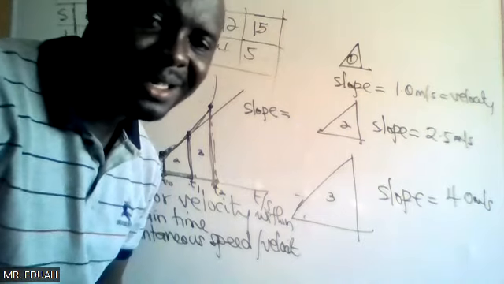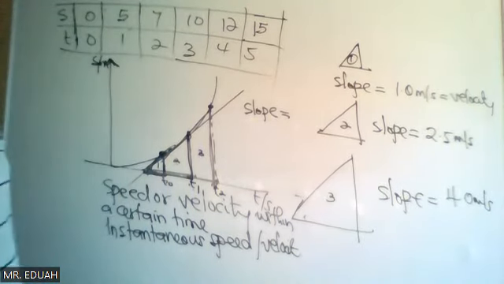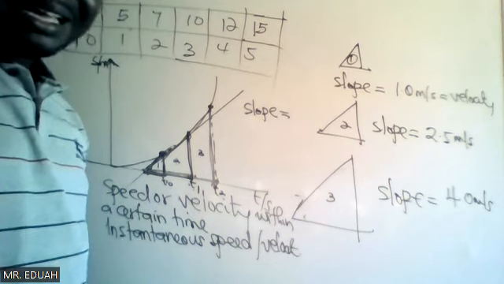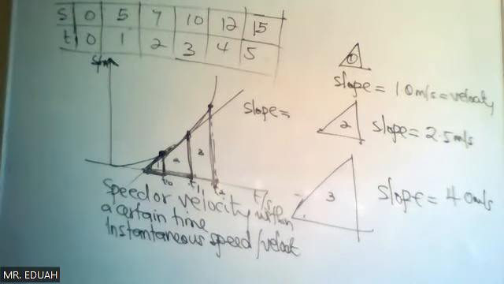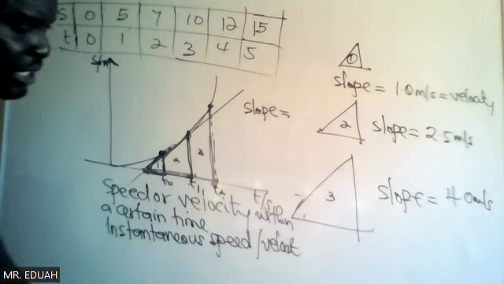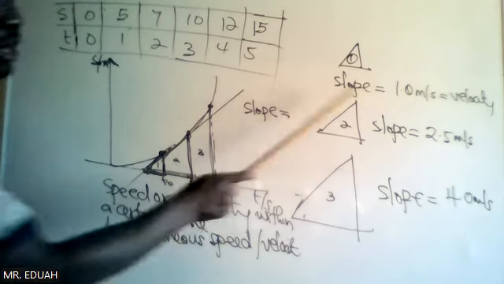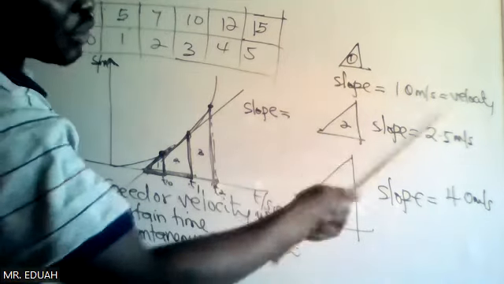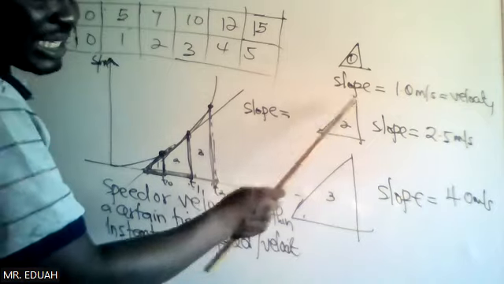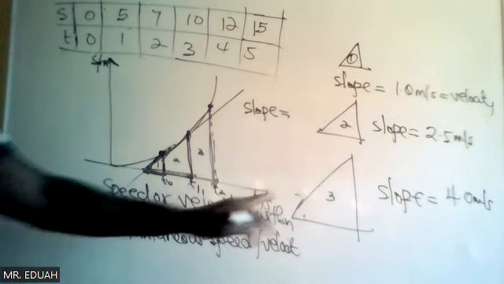Hello, Della. Can you share your observation? Yes, if you have a situation, 3 situations, T0, T1, T2, and then the slope increases. The slope is equal to the velocity or the speed, and it is increasing with time.